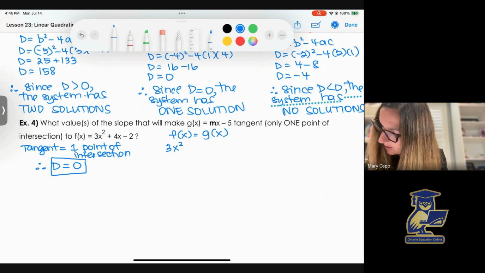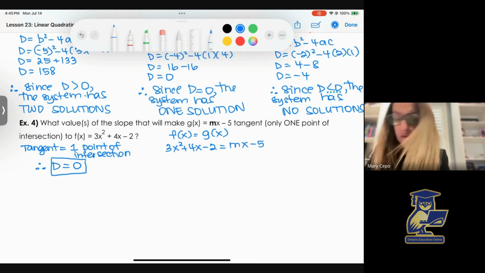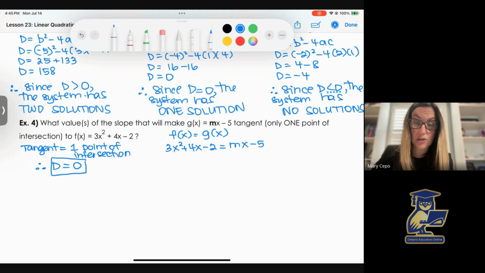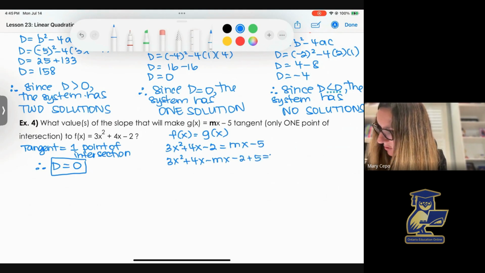So 3x squared plus 4x minus 2 is equal to mx minus 5. Following what we did above, we need a quadratic equation first before we can determine that discriminant. We're going to say 3x squared plus 4x minus mx minus 2 plus 5 has to equal 0. So fully simplifying, we have 3x squared.